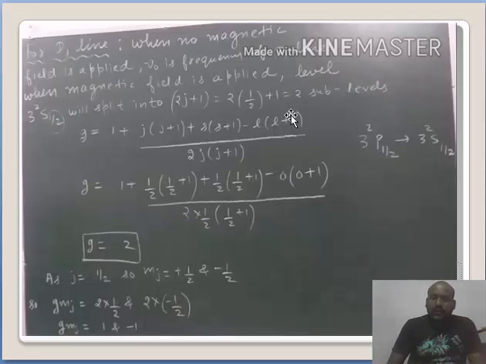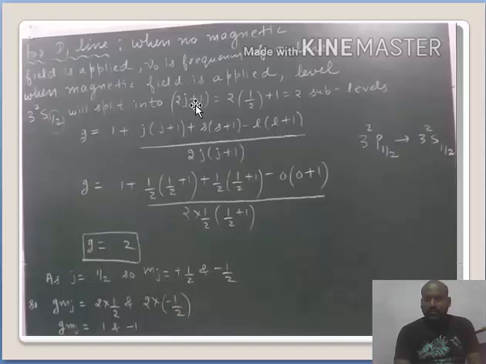Next, first consider the D1 line. When no magnetic field is applied, the initial frequency we can indicate as nu naught. When you apply the magnetic field, the energy level splits. For example, the initial 3S half raised to 2 will split into 2J plus 1 levels, from this equation.